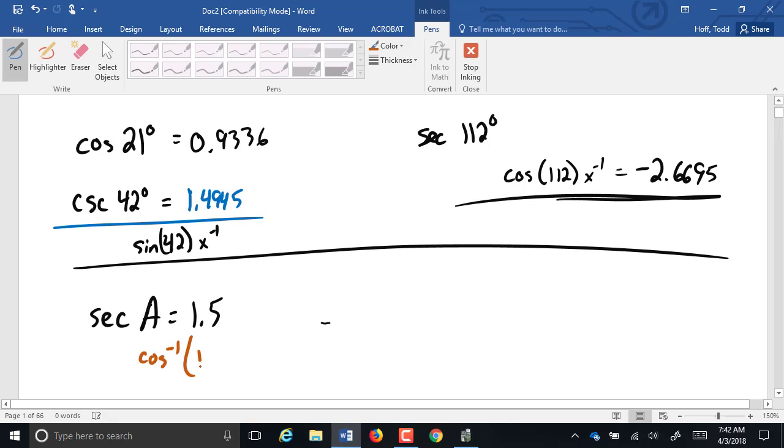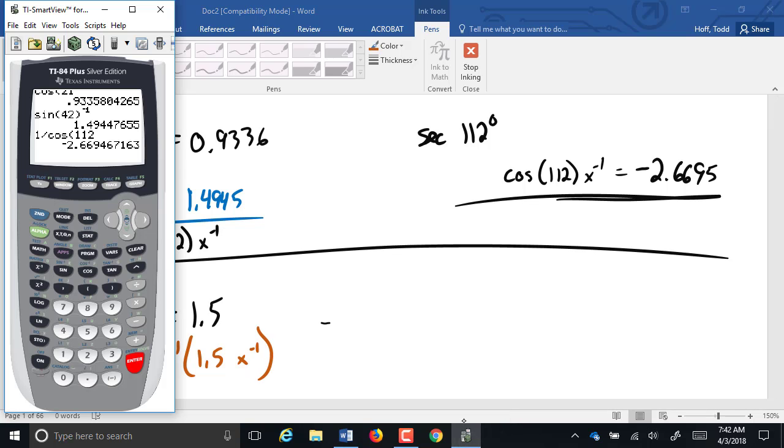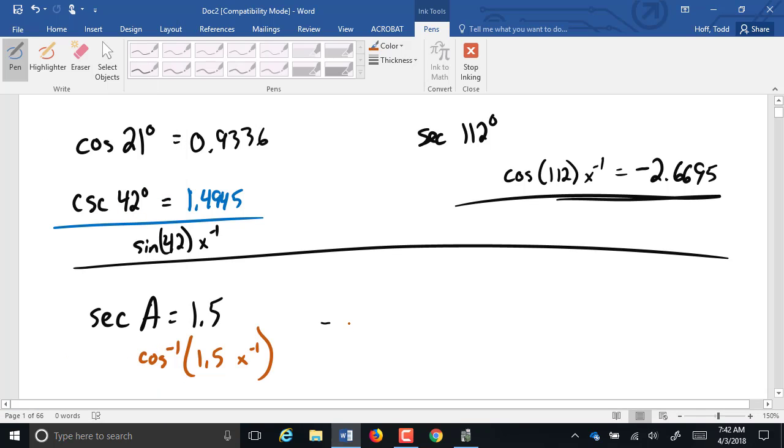Well, it's inverse cosine of 1.5, but the reciprocal key, the x to the negative 1, is inside the parentheses when we're doing an inverse. Perfect, 48.19 we'll call it. Degrees. Any questions?